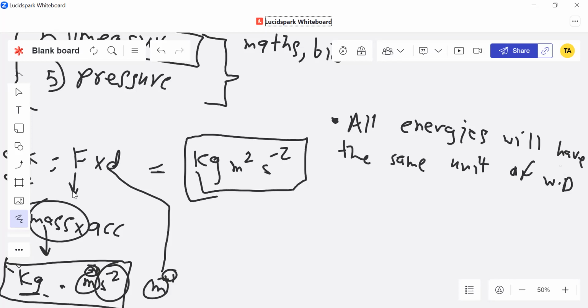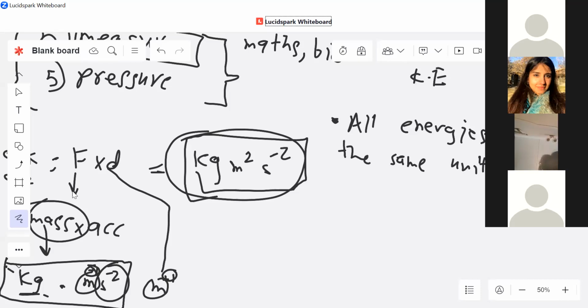What do I mean? Well, all energies, be it kinetic energy, potential energy, elastic energy, stuff like that. All energies basically will have this unit, kg m2 s negative 2, because work done is also energy. So work done and all energies will have the same base unit.